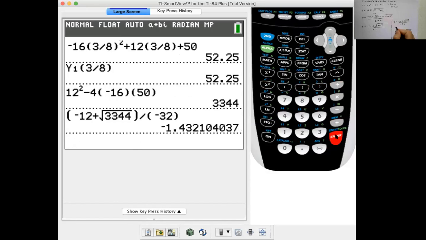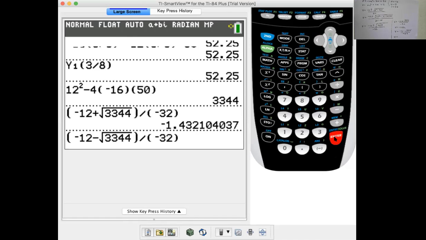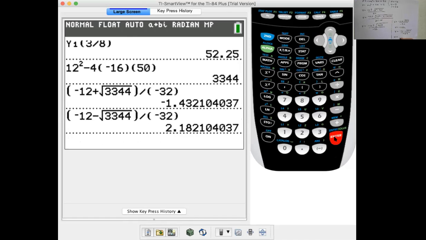So that doesn't make any sense. Now we'll try the other one, negative 12 minus, which I can do a shortcut. Second enter, what you did before when I made my mistake, and just type over the plus sign, make it a minus. And see what I get. 2.182.